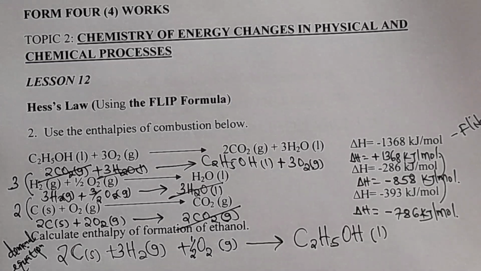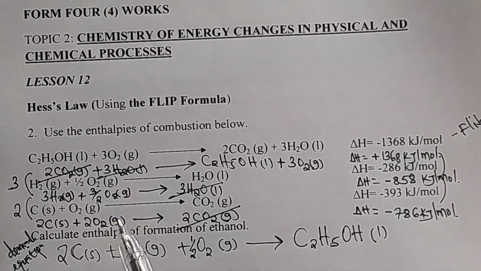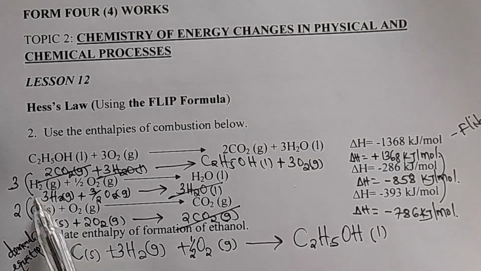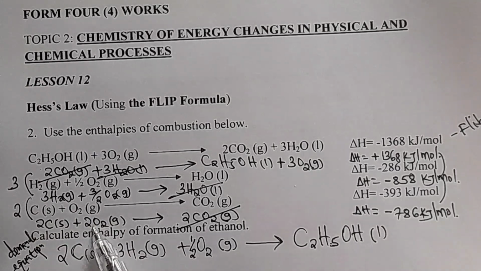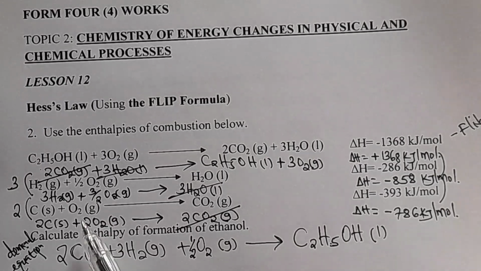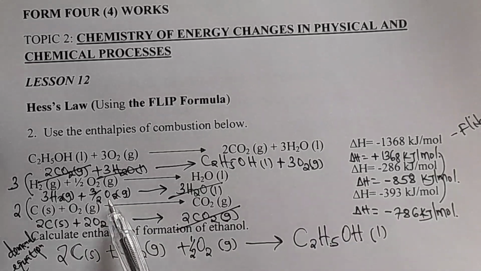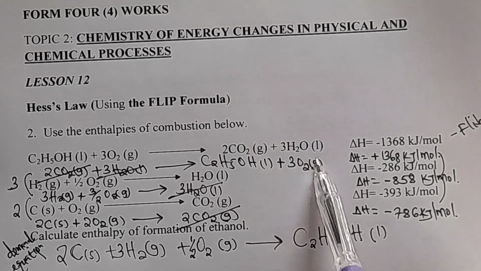So next, if we check, we are going to remain with 2 carbon. This is 2 carbon. The 2 carbon is here. So the oxygen that we have, we are supposed to add them. So check hydrogen. We have 3 mole of hydrogen gas. These are the 3 mole of hydrogen gas. So let's check now. Here we have 2 oxygen gas plus 3 over 2 of oxygen gas. So that one will give us 3.5 of oxygen. But if you check on the product side, I have 3 of oxygen.